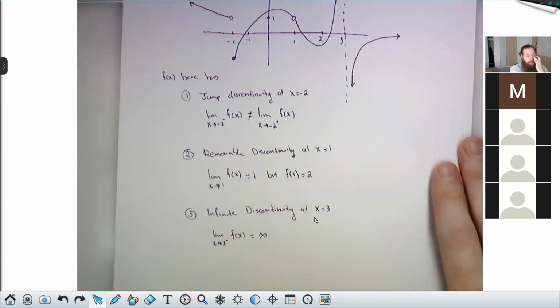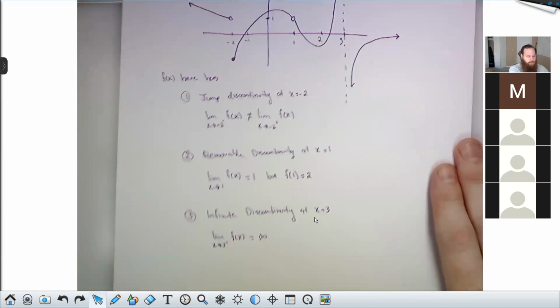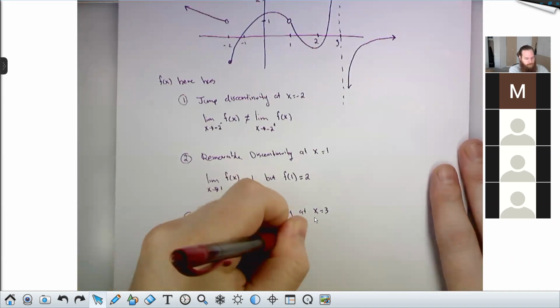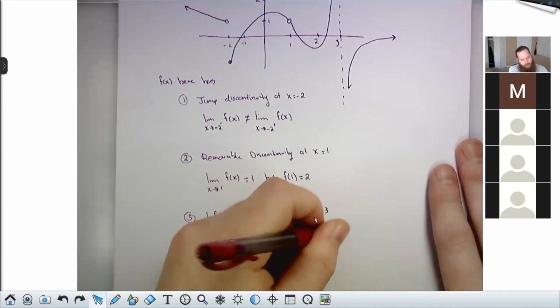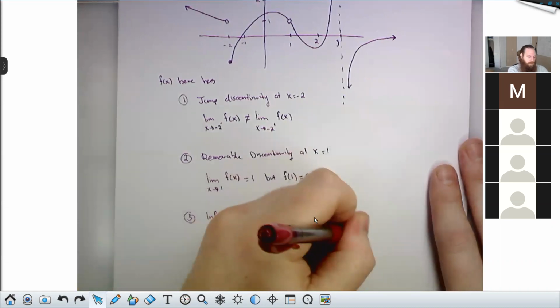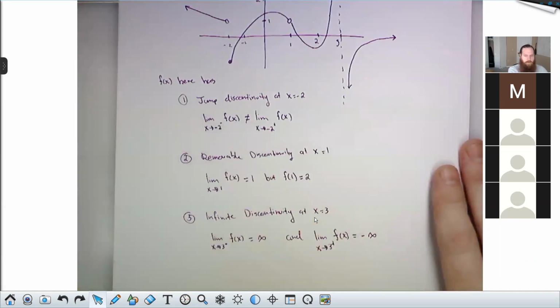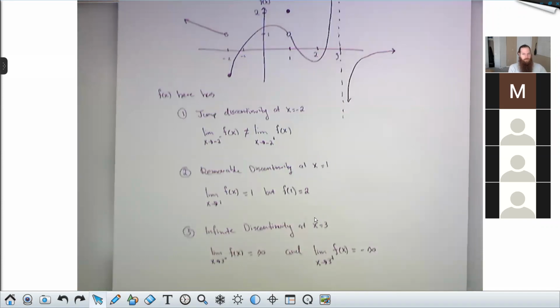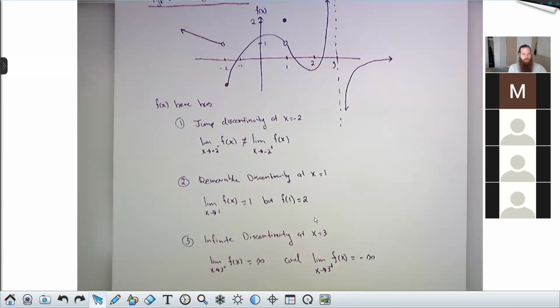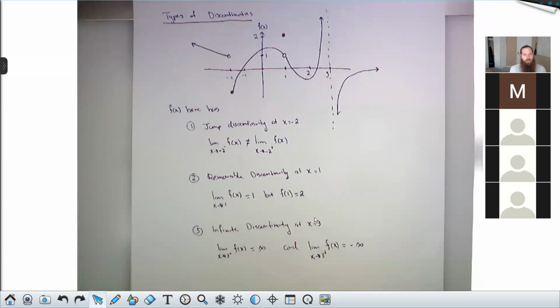And even if the limit from the right was not negative infinity, even if you just had an infinite limit on one side, that would be enough to say there's an infinite discontinuity there. But here it's also the case that the limit as x approaches 3 from the right is infinite. It's just negative infinity. Okay. So these are the different types of discontinuities that we're going to encounter.